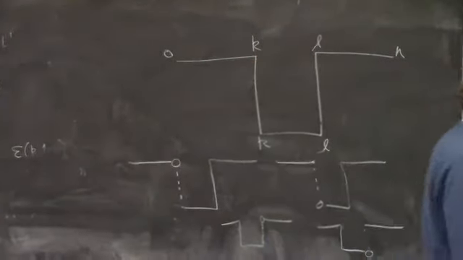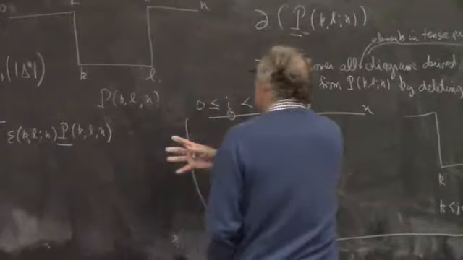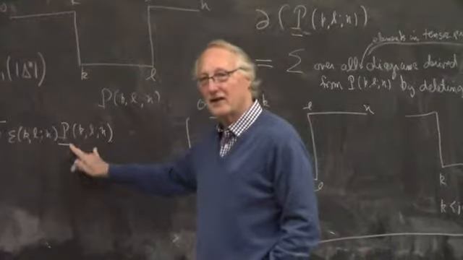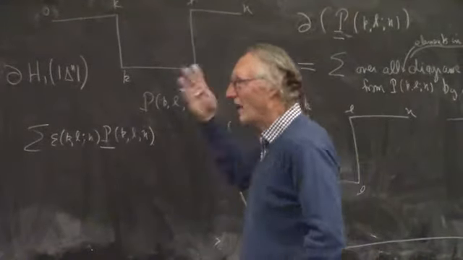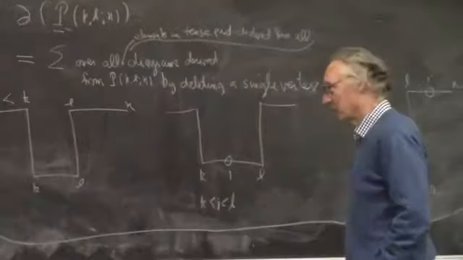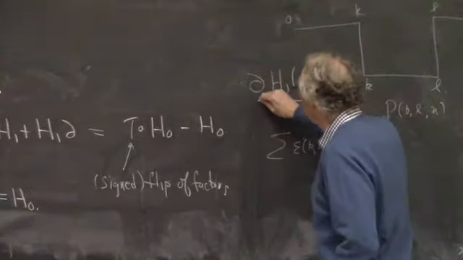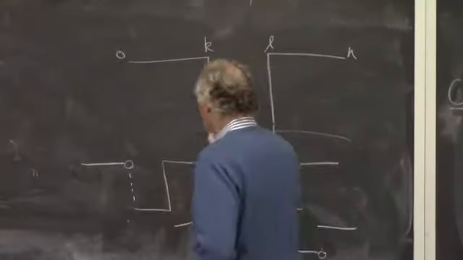It should be clear that, ignoring signs, this is the boundary of this diagram. So I'll now sum up over all diagrams, all K and L, all ways to delete a vertex. And that is this. We'll call these type 2 boundaries.